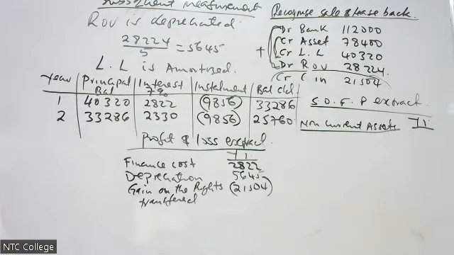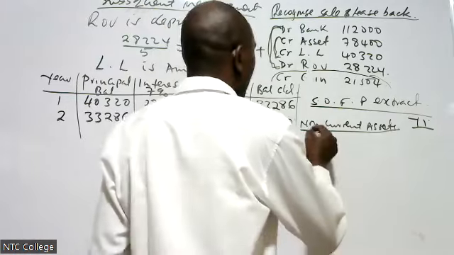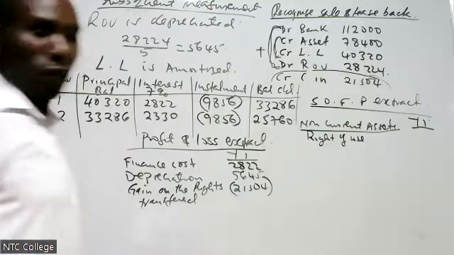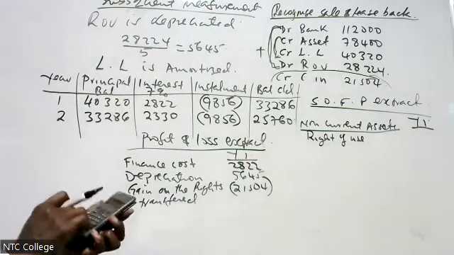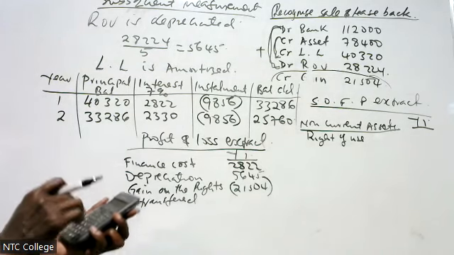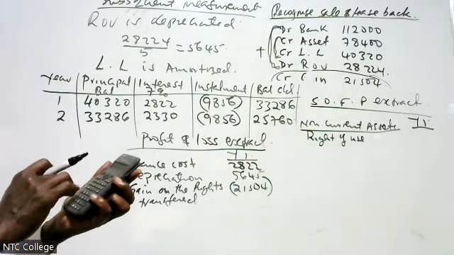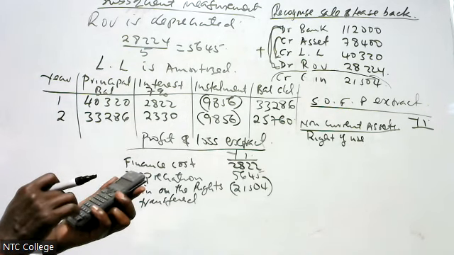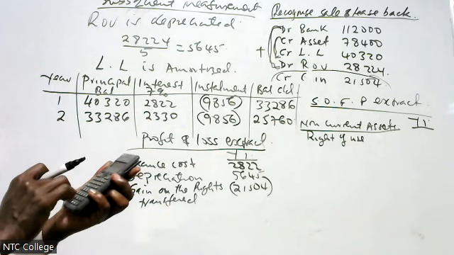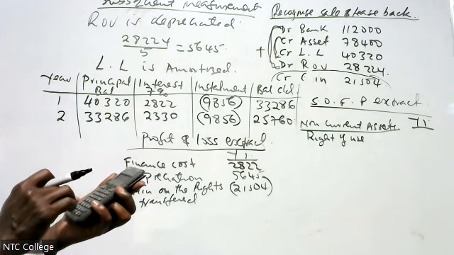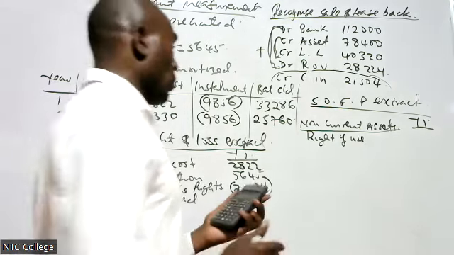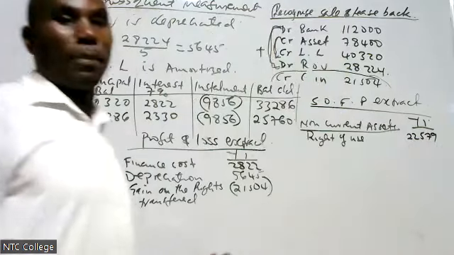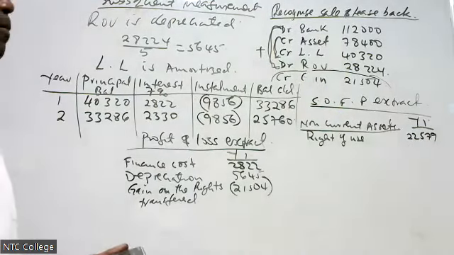Right of use will be 28,224 minus 5,645, which is 22,579. That's what I report at the end, 22,579.